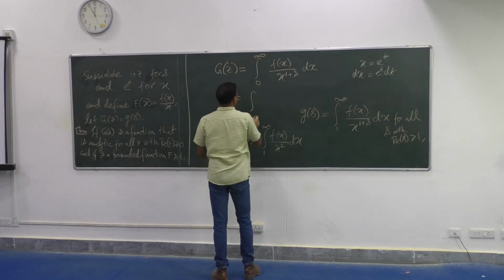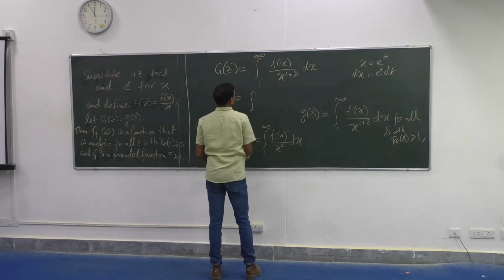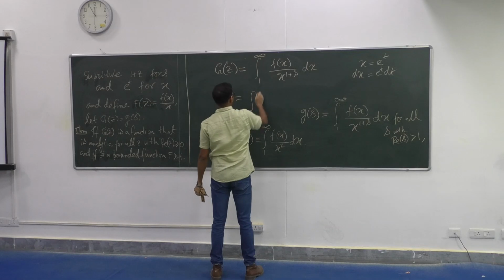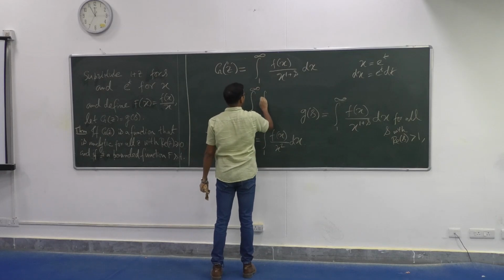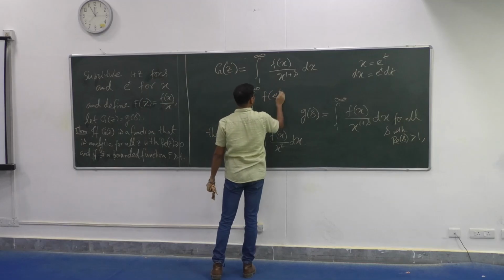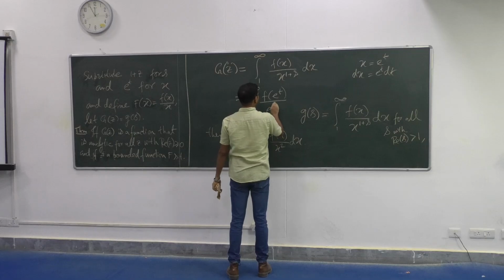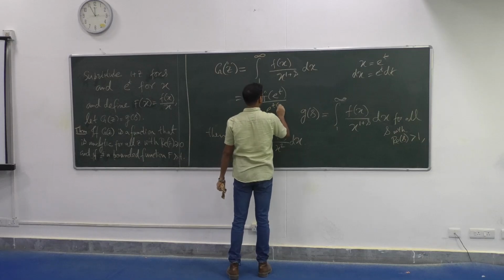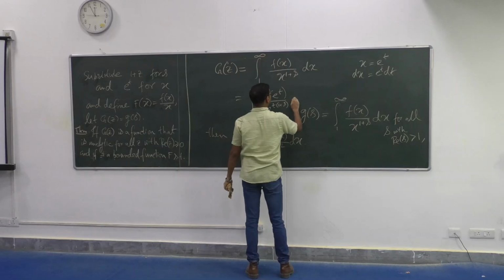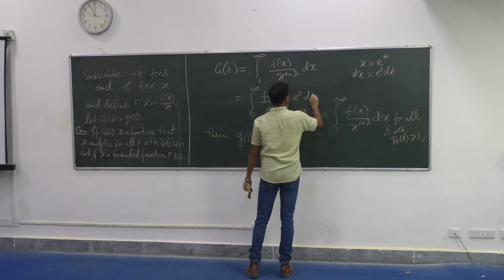So the integral, because we have not changed the value yet, and now we are doing 0 to infinity f(e^t), and below we have e^t times 1 plus s, here e^t dt.